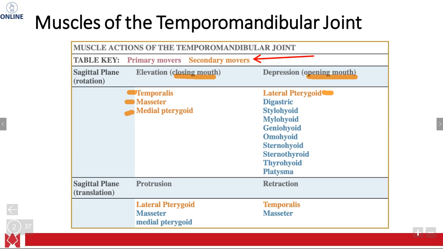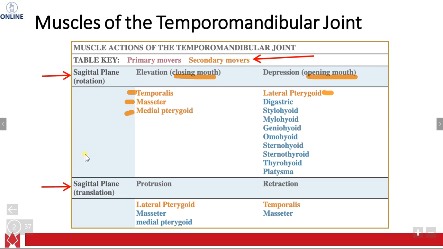The other thing I do just want to draw attention to is this is sagittal plane here for opening and closing your mouth. It's also sagittal plane for protrusion or retraction. Protrusion is taking your lower mandible and sticking it out, away from your head, and retraction is pulling it back in. What's interesting about that is it's a translation effect, and this is a rotation.